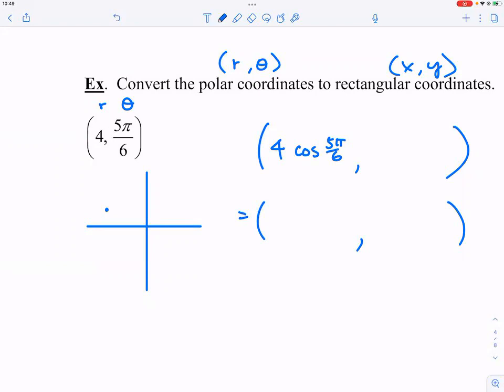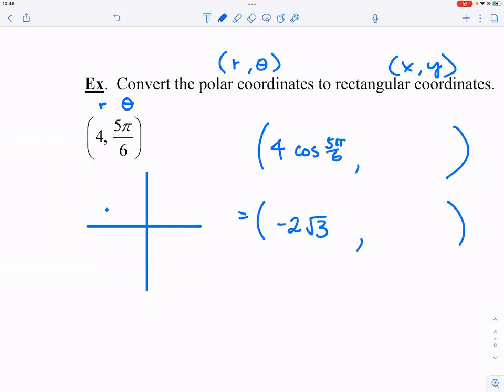Cosine of 5 pi over 6 is negative root 3 over 2. So you have negative 2 times root 3 when you have 4 times negative root 3 over 2.